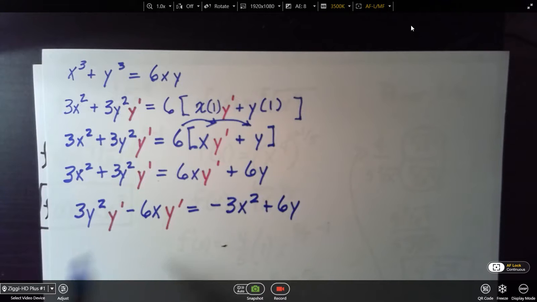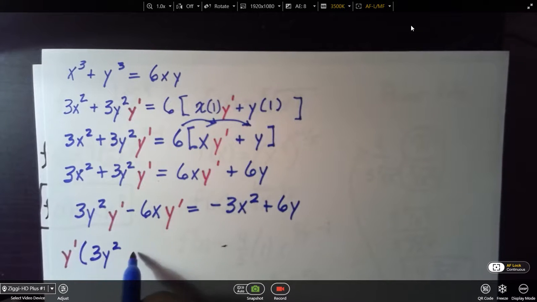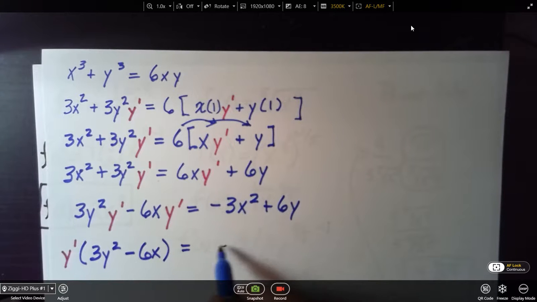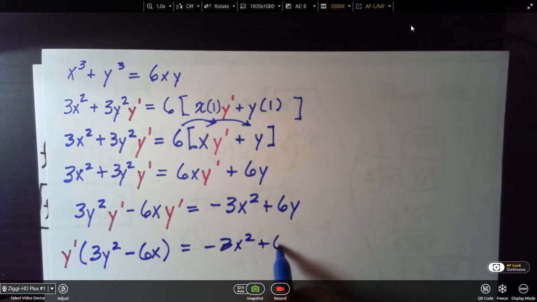Now you got the y primes in common, so you can factor out a y prime. That will leave you with 3y squared minus 6x equals negative 3x squared plus 6y.